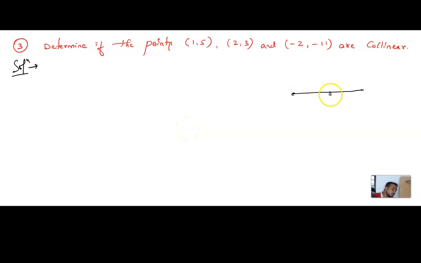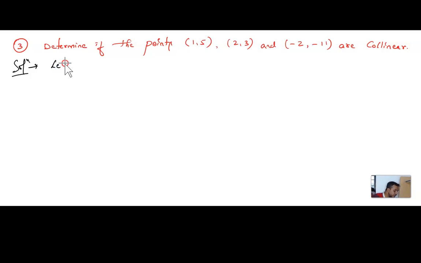If they are lying on the same line, then we say it is collinear. If they are not lying on the same line, then it is not collinear. Got it? To check this, what to solve and on what condition can we say they are collinear or not? That is what we need to check here.